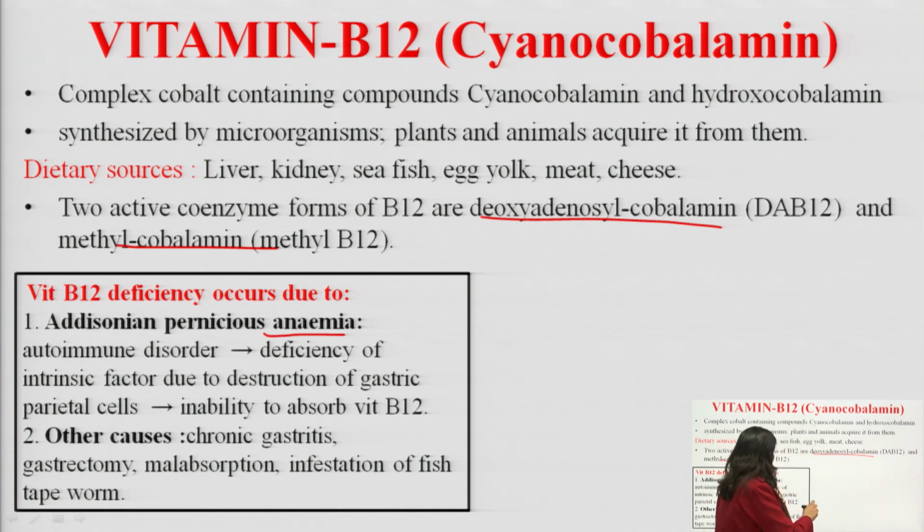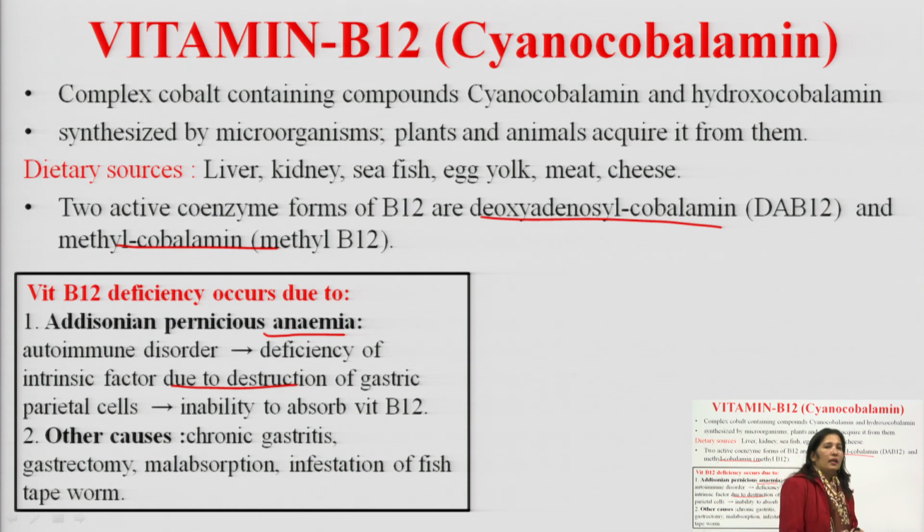When there is a deficiency of intrinsic factor due to destruction of gastric parietal cells, there will be inability to absorb vitamin B12 and that will result in pernicious anemia. Other causes of vitamin B12 deficiency are chronic gastritis, gastrectomy, malabsorption, and infestation with fish tapeworm. So, infestation with worms also leads to vitamin B12 deficiency.